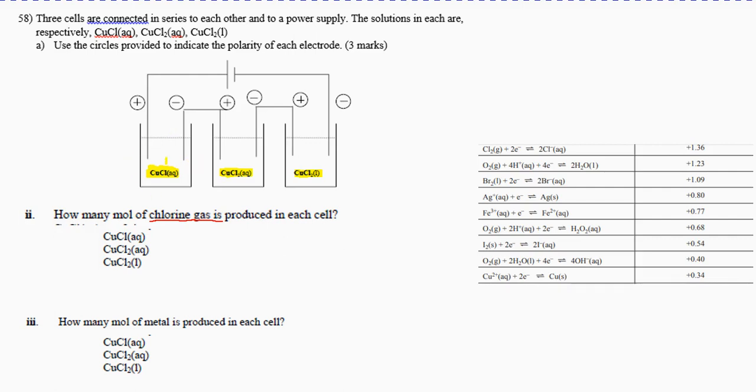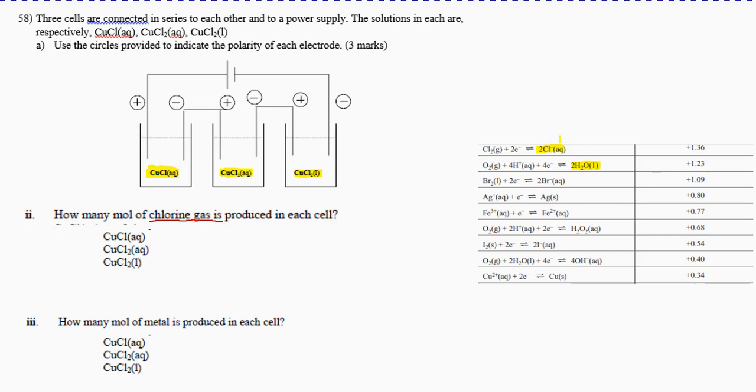So if we look at this first cell, I've got copper 1 chloride. I know in this solution I'm going to have my chloride ions and I've got water present as well. So on my electrochemical series, I will highlight those. So I'm just going to worry about the chloride and the water because I know my copper is down here. It's going to be reacting. So in an electrolytic cell, it's going to be the reaction between the strongest reducing agent and the strongest oxidizing agent.